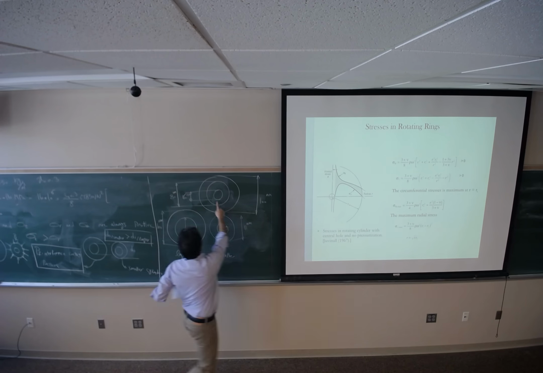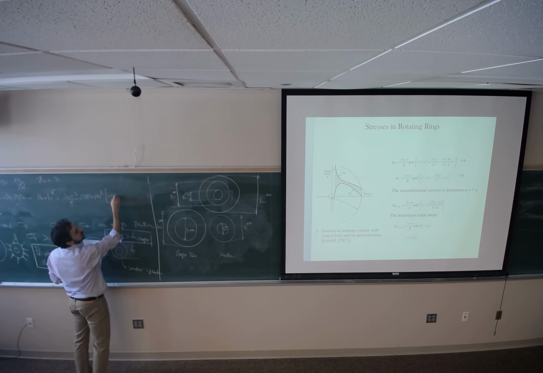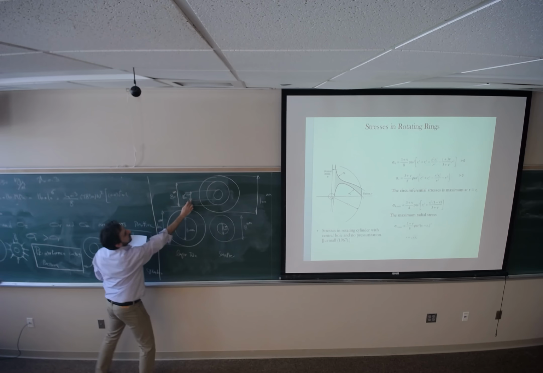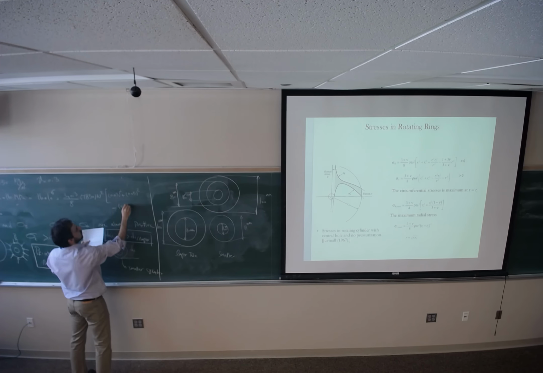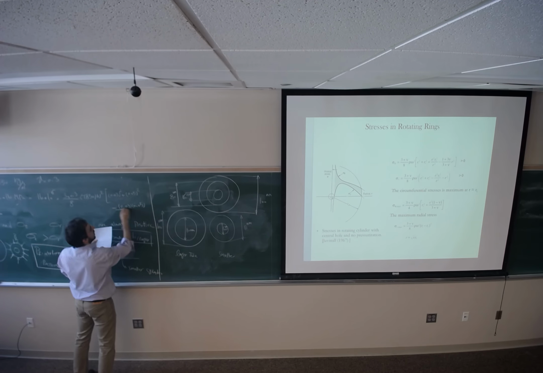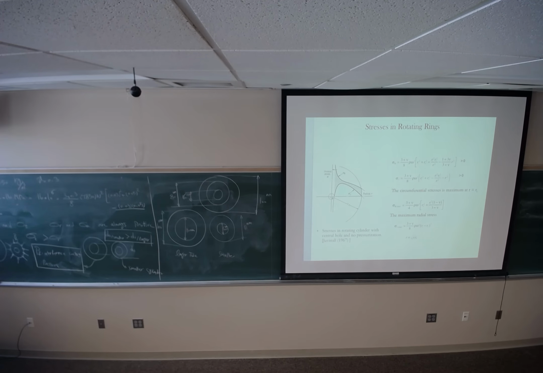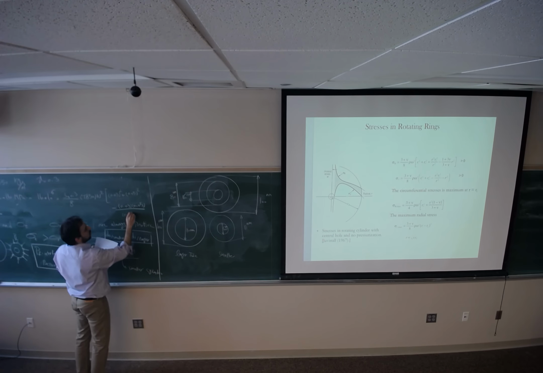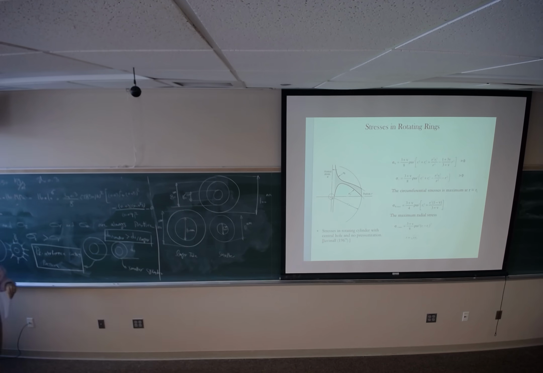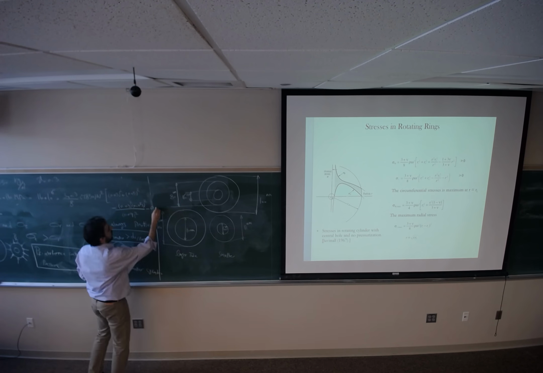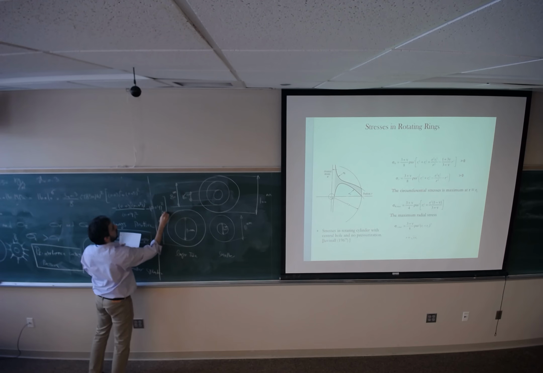Inner radius is 30 millimeter, which is 0.03 squared, plus outer radius is 100, which is 0.05 squared, minus Ri 0.03, 0.05 divided by R squared, at which R I'm looking for the stress at R equals 40 millimeter, 0.04 squared minus, yes, Ri and Ro squared on top as well.